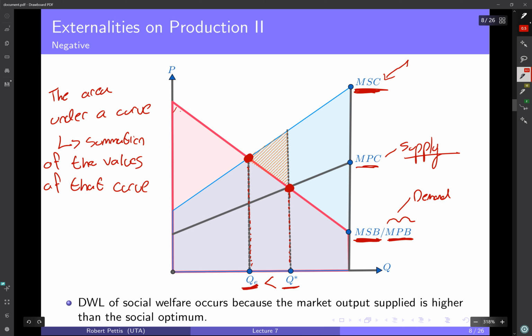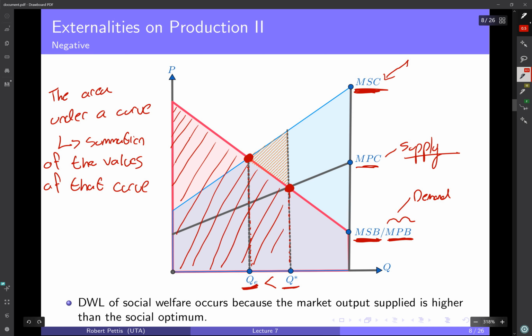I'm just going to re-highlight over it. This area is representing the total benefit to society. This time when I did it, I stopped here at this Q star, mainly because there's no production quantity we're interested in on the other side of that, so it doesn't really make sense to keep going.